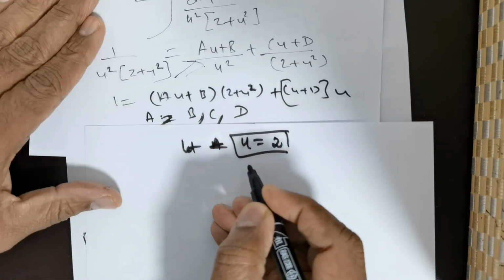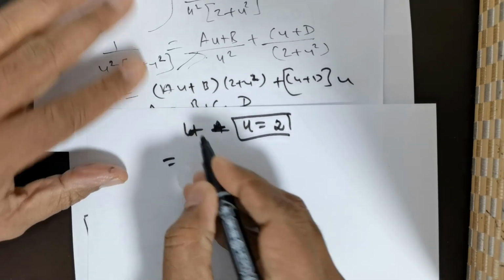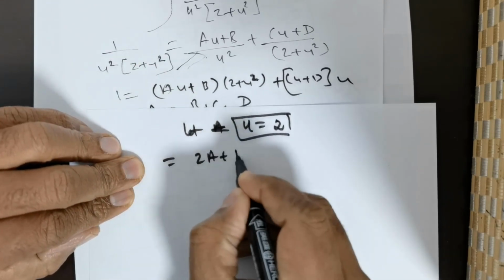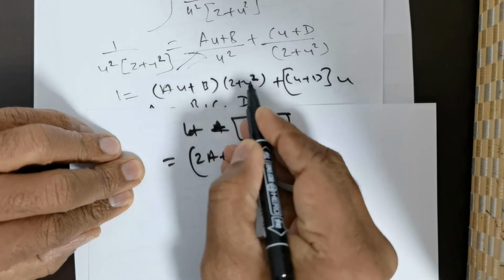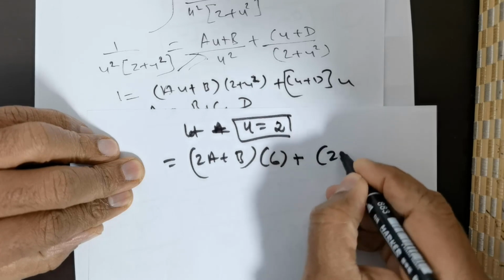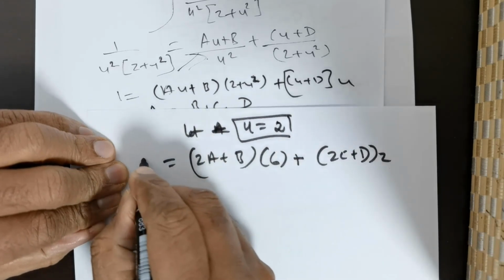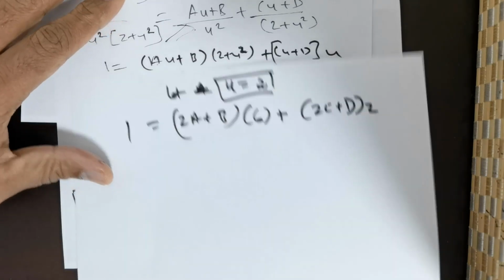If I take u is equal to positive 2, this is going to be 2 times a positive b, and 2 squared 4 positive 2 6, and then positive 2 times c positive d times u is equal to 1.